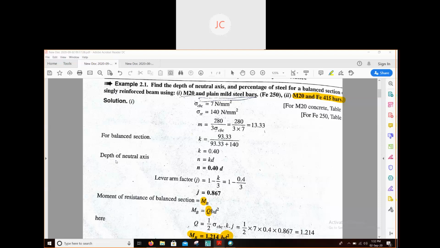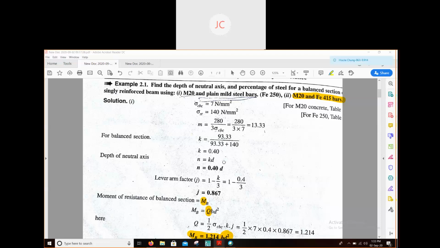How much is the value of moment of resistance? 0.9135. Okay.